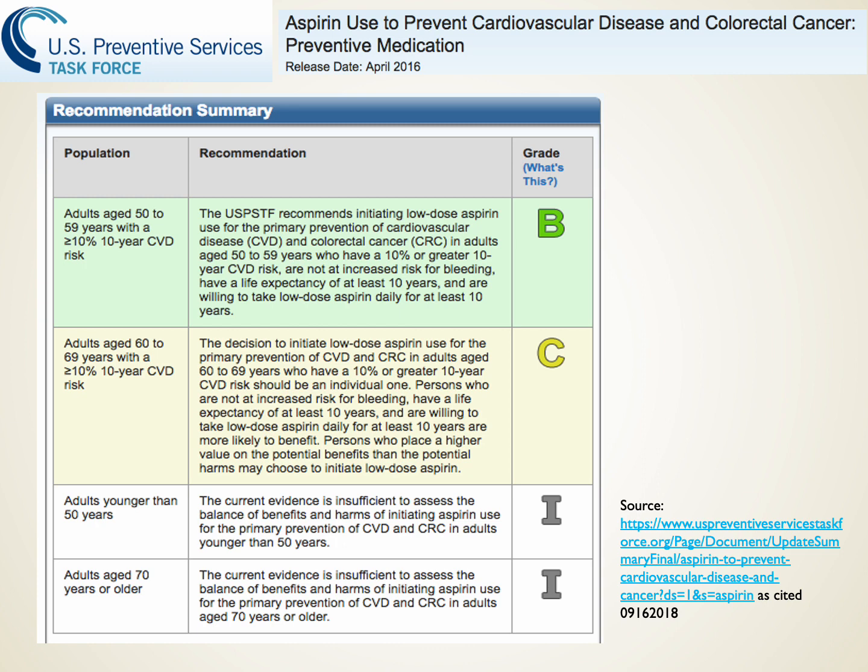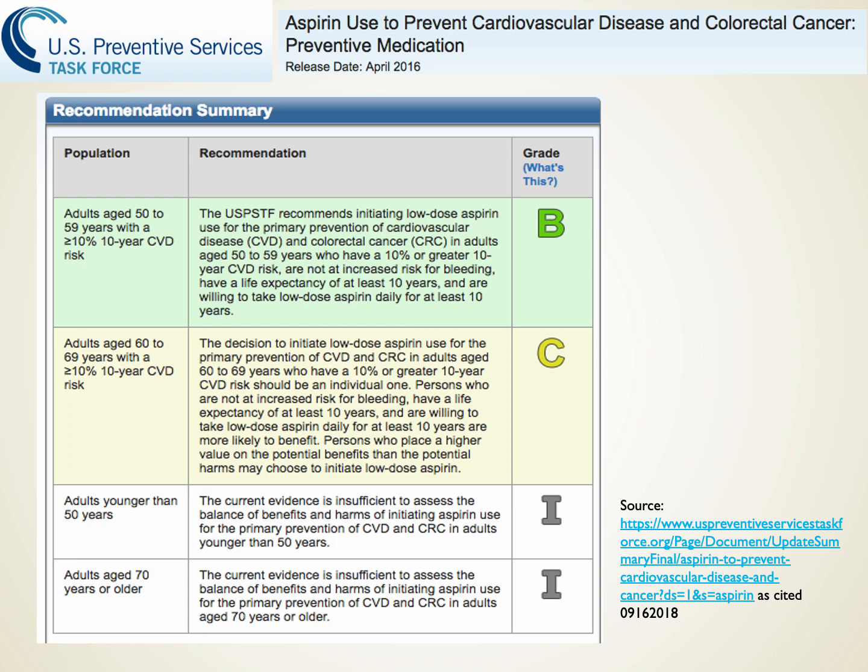But the recommendation as of April 2016 for patients 50 to 59 years of age is, if you had this increased risk, we recommended giving a low-dose aspirin every day. And similarly, if you're age 60 to 69, we recommend that pretty much as well if your risk is, again, greater than 10%. But the evidence for the 60 to 69 group is not quite as strong as the evidence for the 50 to 59 year group.